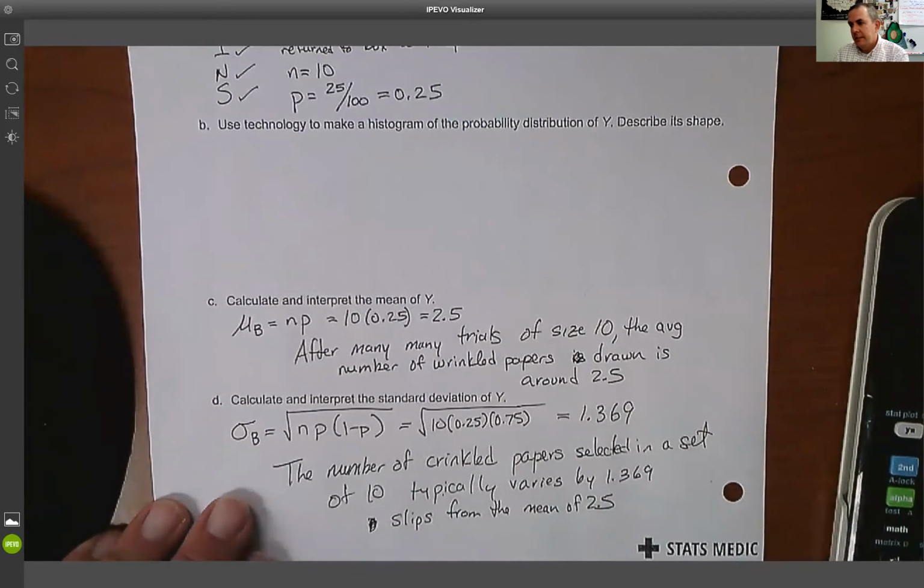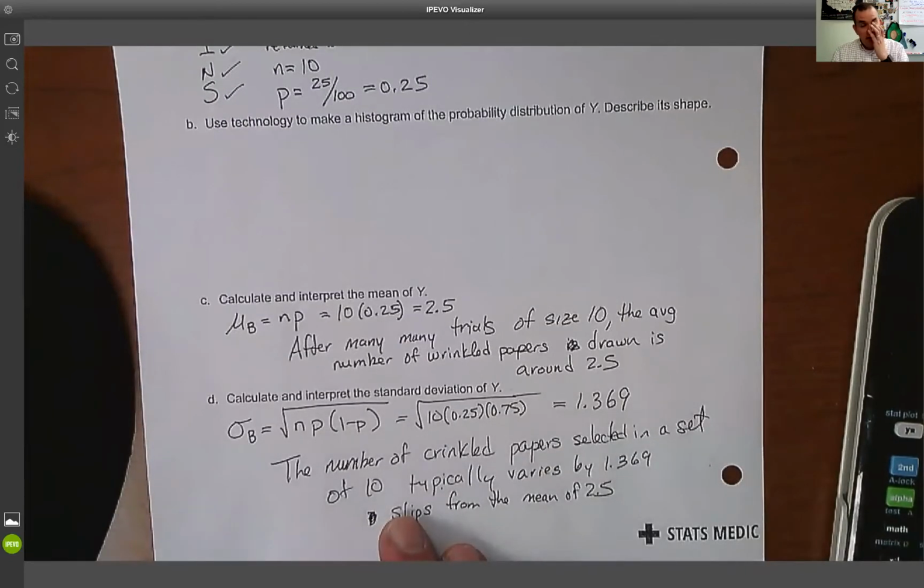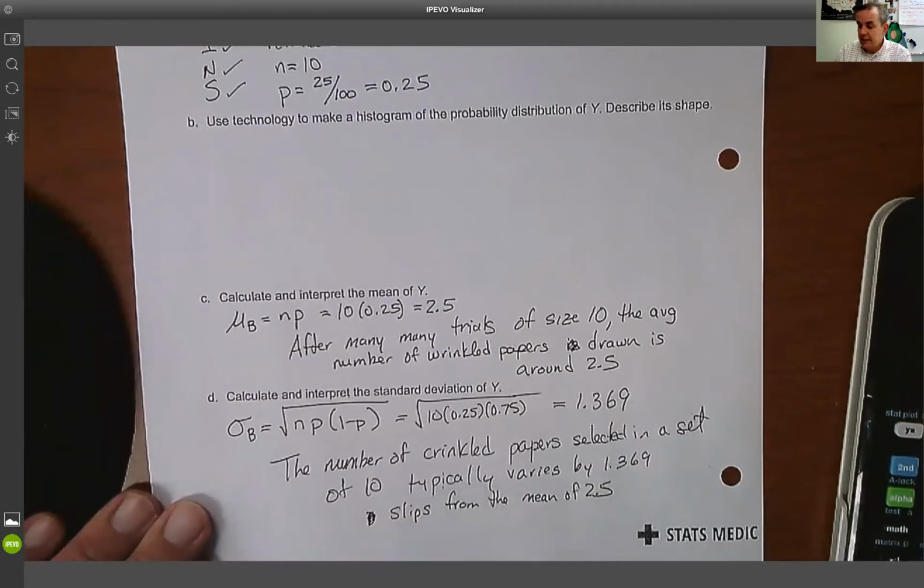So that's our mean and standard deviation. Again, it's a formula on the formula sheet. It's a plug and chug kind of thing.